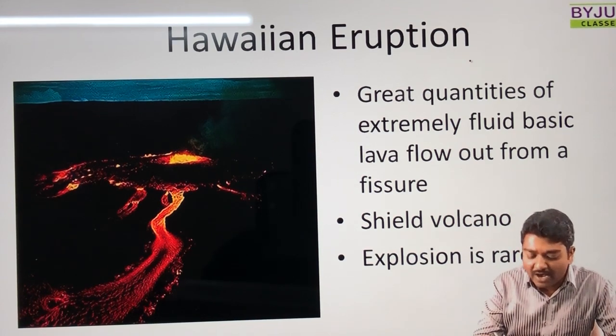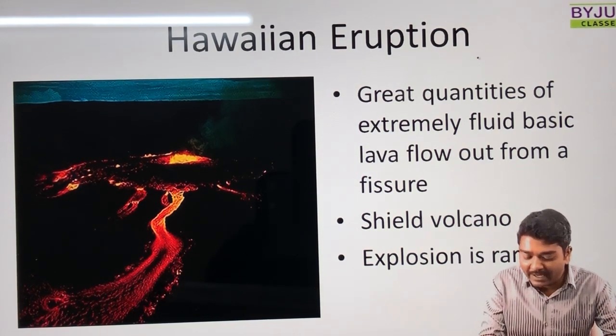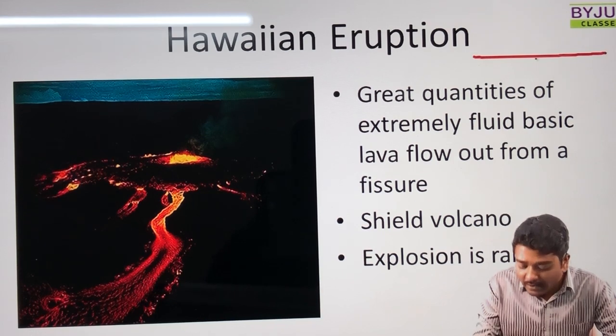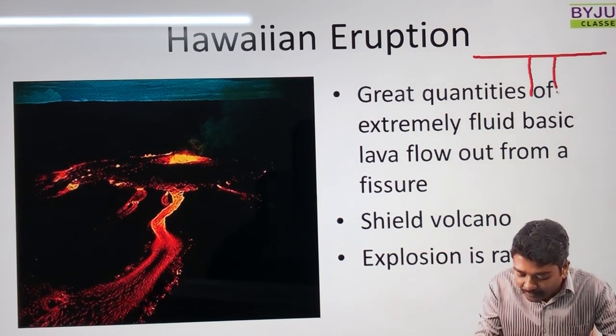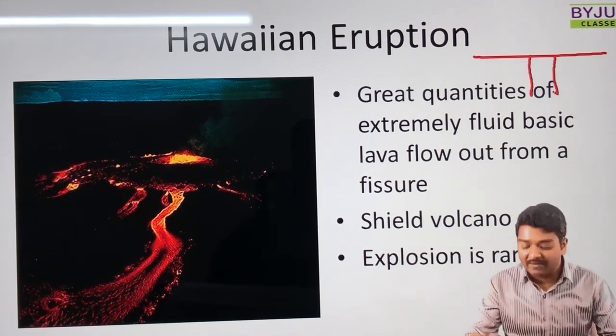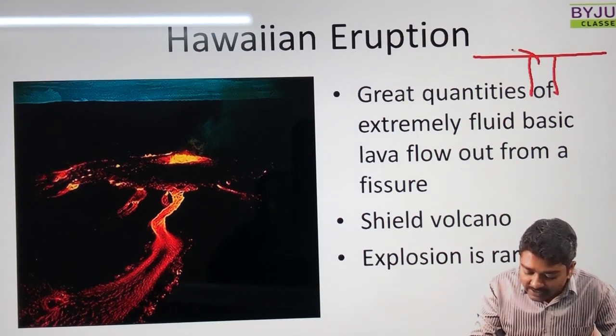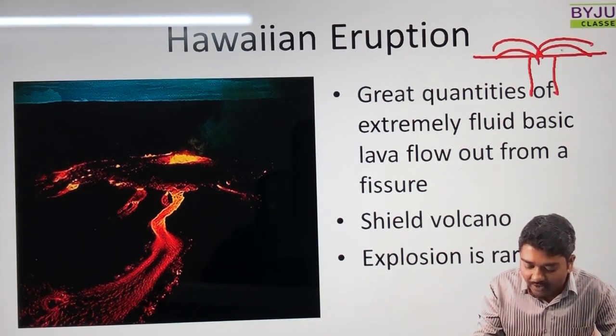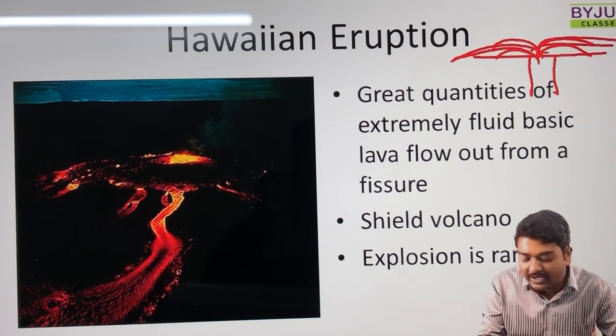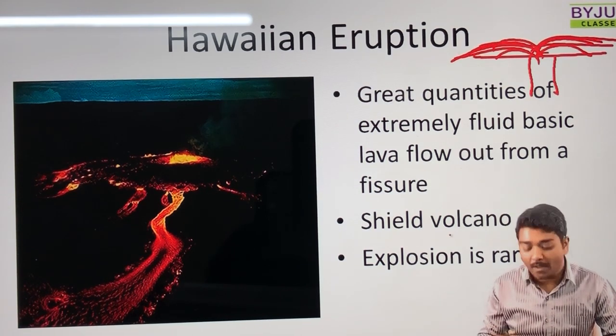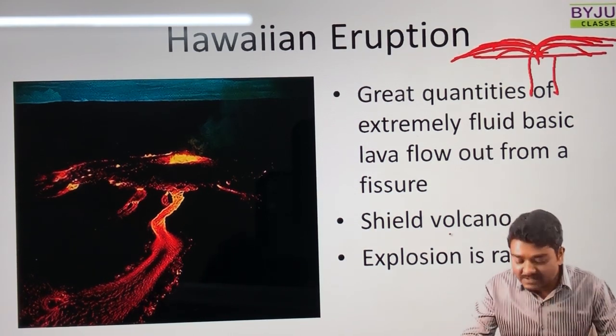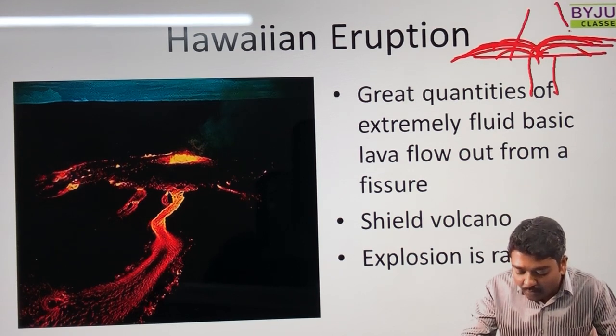See, whenever you have fluid magma, let me take crust. There is opening vent here. When I say fluid magma, what happens? It flows. Keeps flowing, isn't it? So the spread is more. But if you have a bit viscous, it comes up and forms a cone.